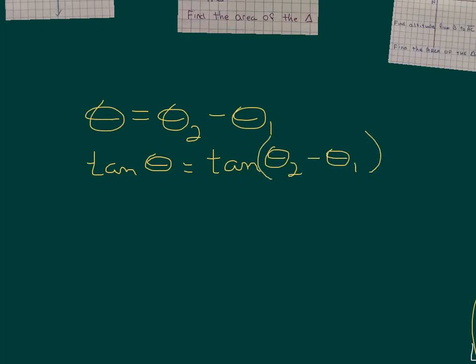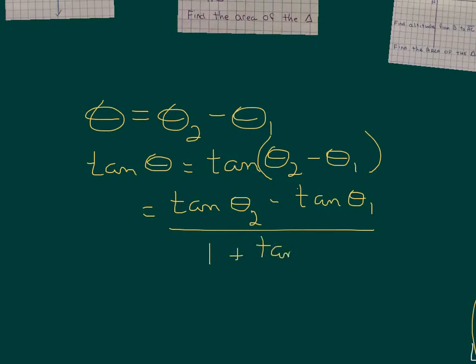And that's a formula that we learned when we were looking at the sum and difference of angles, which is the tangent of theta 2 minus the tangent of theta 1 over 1 plus the tangent of theta 2 times the tangent of theta 1. That's a formula that we learned a short while back in a different section.